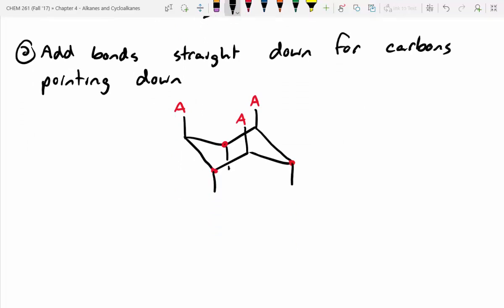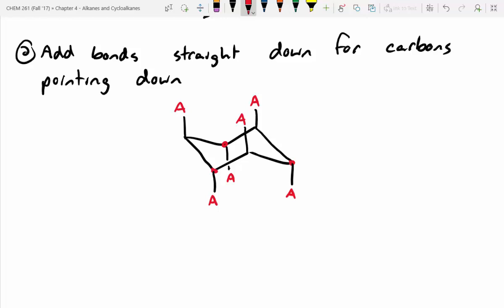This one in the back, you can tell it's behind it, right? So you can have that slightly broken line to show that perspective. And again, I'm just going to label these with A's. But they're perfectly straight up and down. If you look at my model kit that I'm holding up right now, can you guys see that those are all green? They're going directly up and down. Ideally, when you make your chair, you can color code them, right? So I just color coded all my up and down ones green.